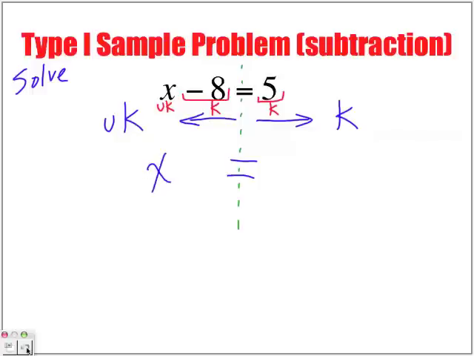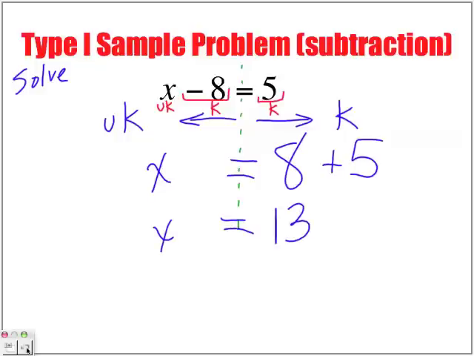This -8 is a known. It's not to be on this left side. We want it on the right side. So -8 becomes +8 when we move it across the equal sign, right? The 5 is on the correct side, so it's just +5. This one's really simple. x is equal to 8 plus 5, which is equal to 13.